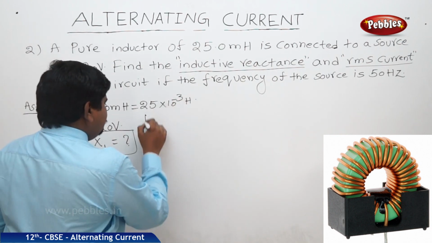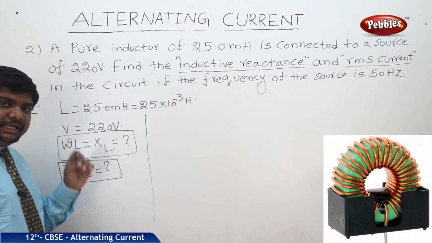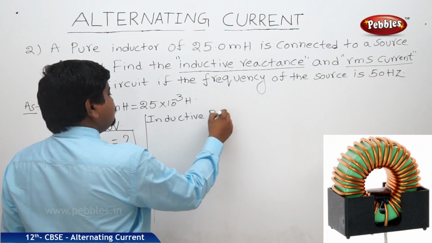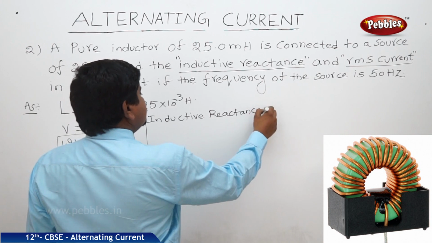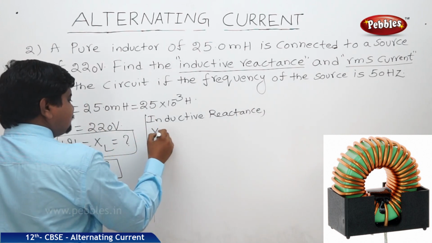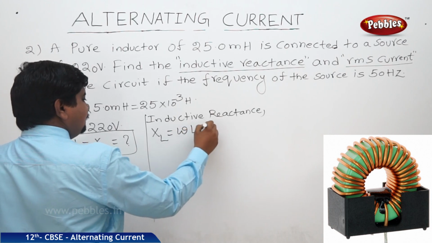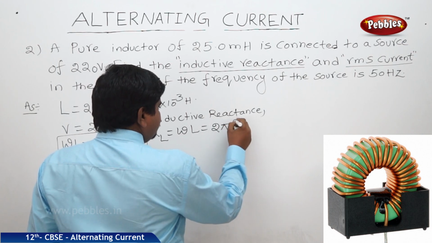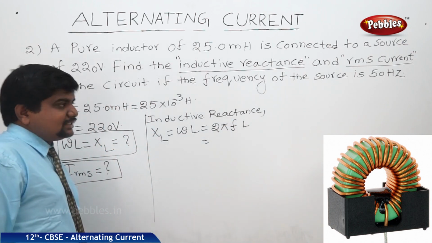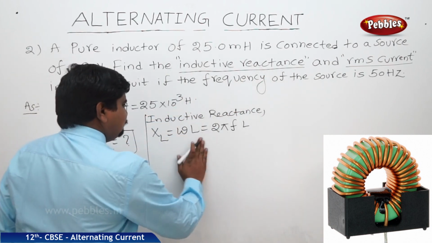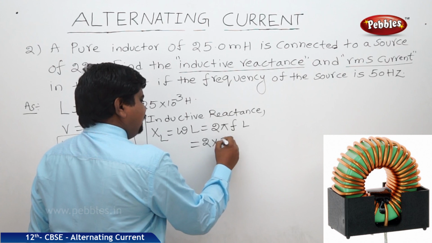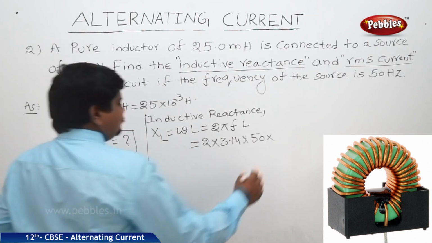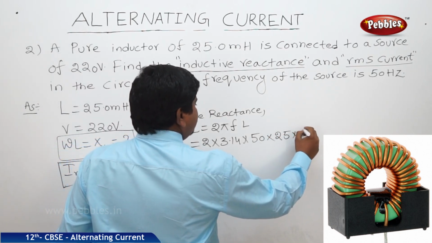Now, how to solve this one? First of all, we are going to find out the inductive reactance. Therefore, XL is equal to omega L, where omega is equal to 2 pi F. F means frequency. The frequency is 50 Hz. Therefore, 2 into pi, which is 3.14, frequency 50 Hz and inductance equal to 25 into 10 to the power of minus 3.